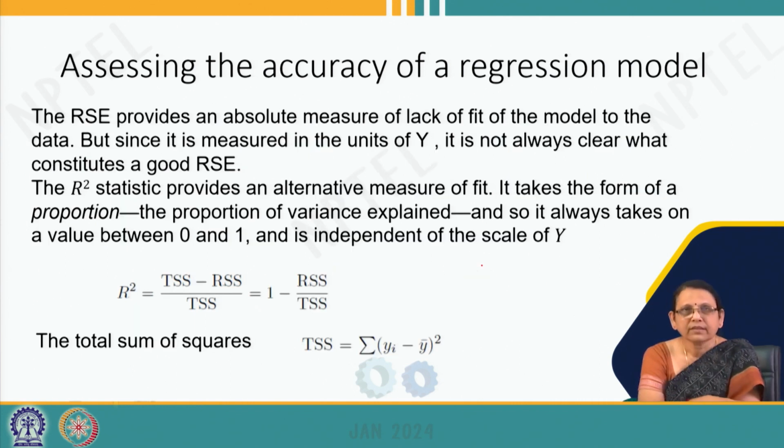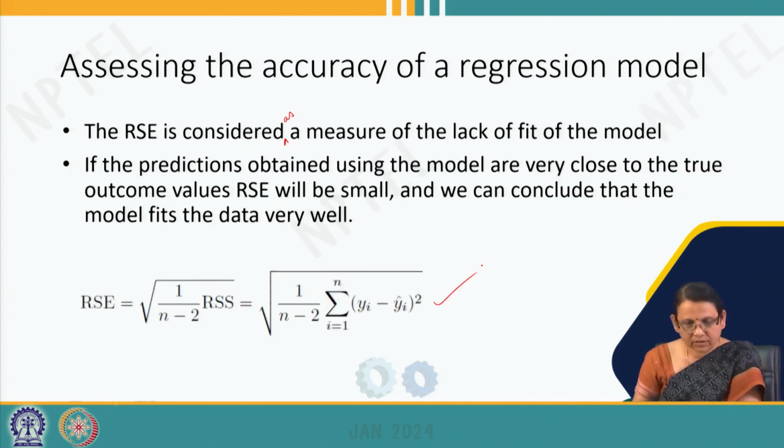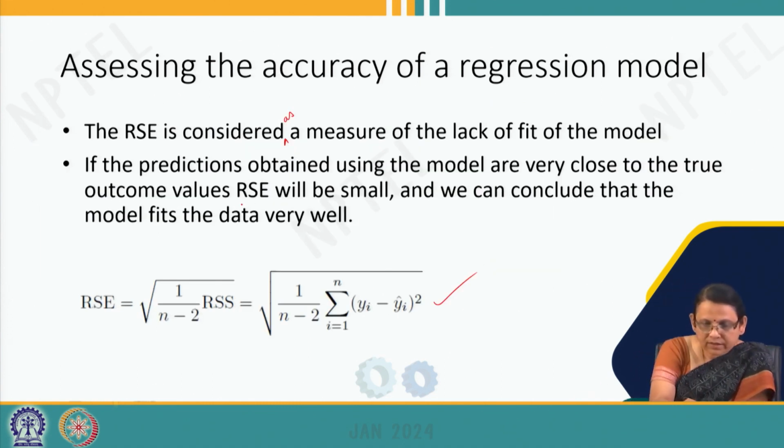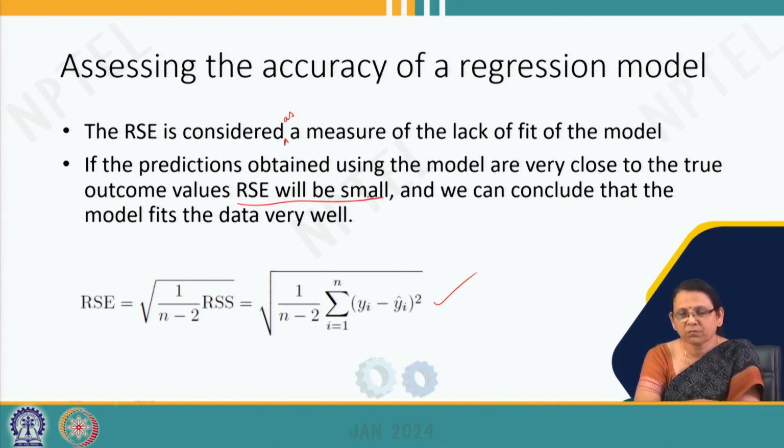Now, there is one more statistic using which we can also assess the accuracy of the regression model. So, here RSE was supposed to be small when we have a good fit.